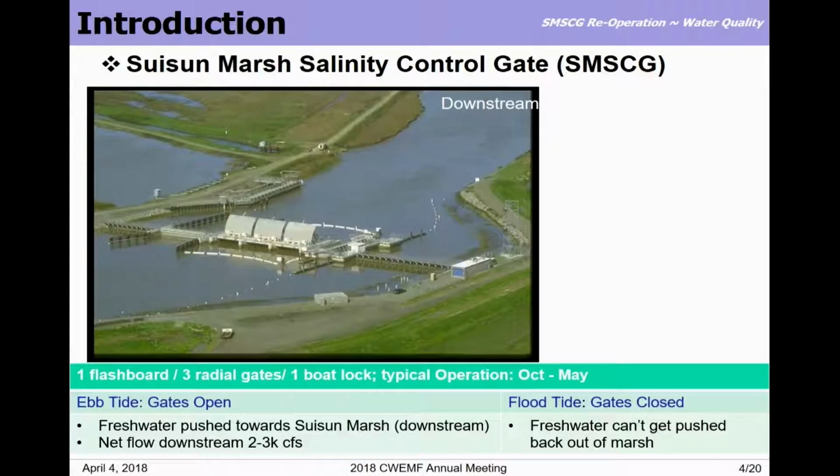The typical operation for this gate happens October to May, and basically we open the gate in ebb tide to let the fresh water into the marsh, about 2,000 to 3,000 CFS, and close the gate on flood tide, then the fresh water cannot get out.